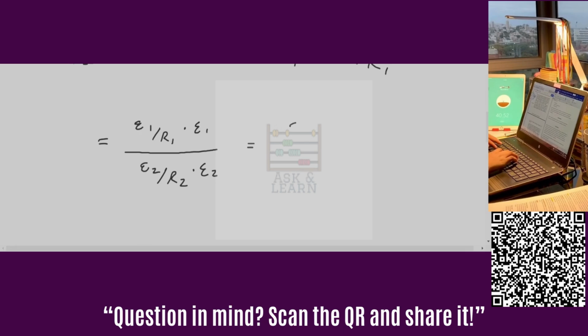Or we'll just get EMF1 squared over R1 divided by EMF2 squared divided by R2. Or if we flip the bottom over to the top, we'll have EMF1 squared times R2 over R1 times the EMF for 2 squared.